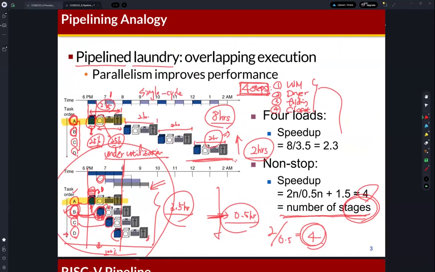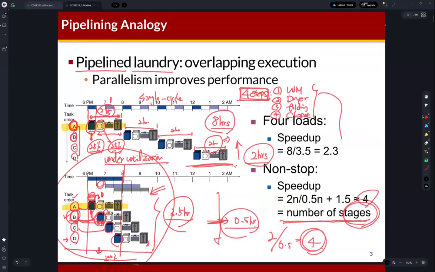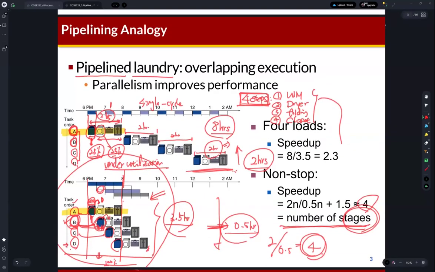Also, in the real world we frequently employ pipelining, right? Think about the factory. If you watch TV, you can observe that in a factory there is a conveyor belt and many workers. Each worker performs its own task, its own function, right?